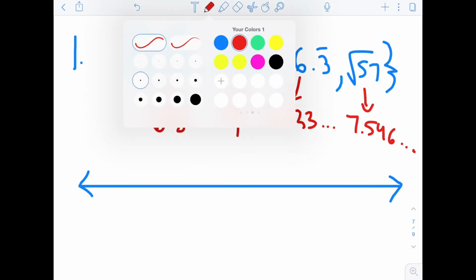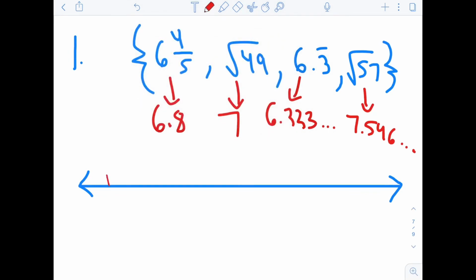So we're going to have 0 over here, and 6, and 8. And we're going to put 7 in the middle. So let's start with 6.8. So 6.8 is a little under 7, so I'm going to put it right here.